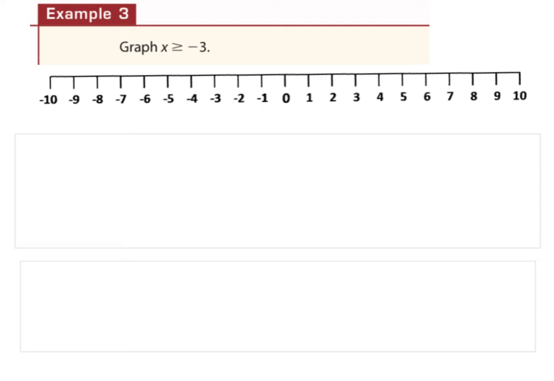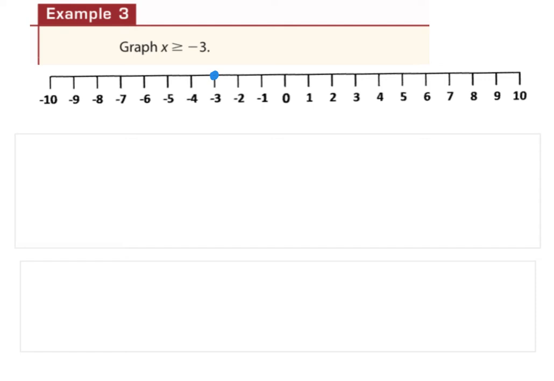And so if it includes that number, then you are going to draw a closed circle. The closed circle indicates that it also includes that number. All right? It includes it. And then you are going to shade the side of the graph that makes this true.